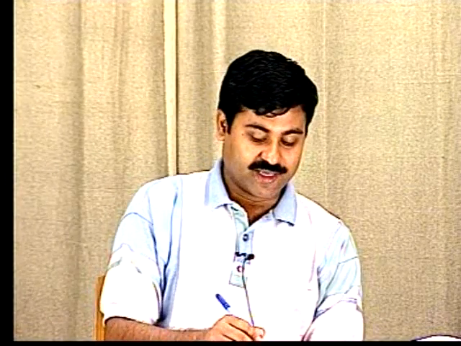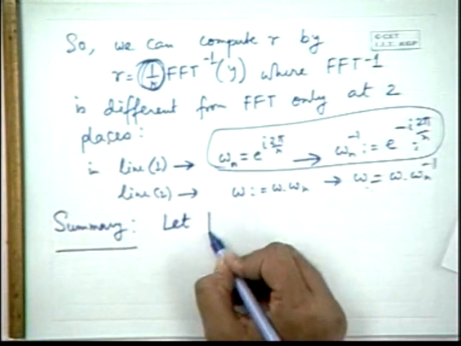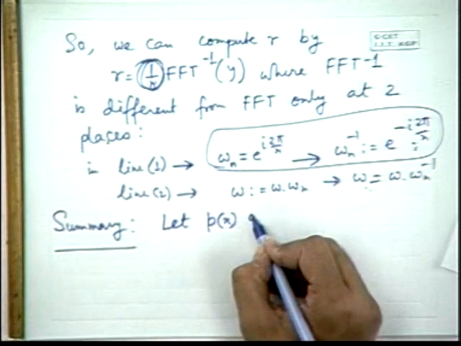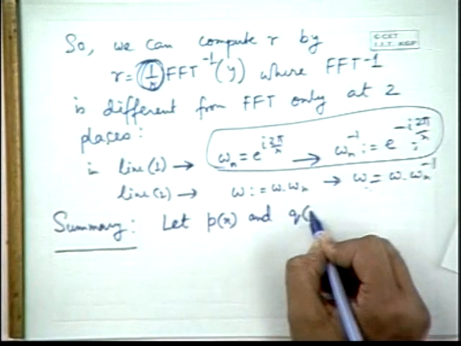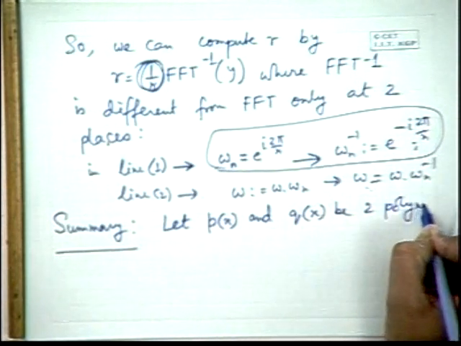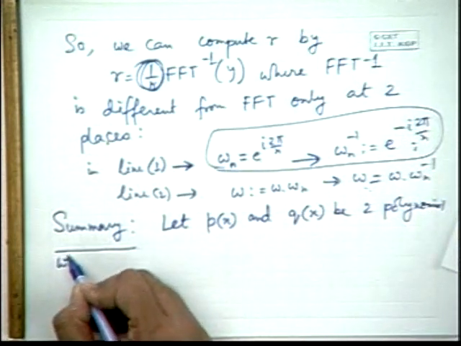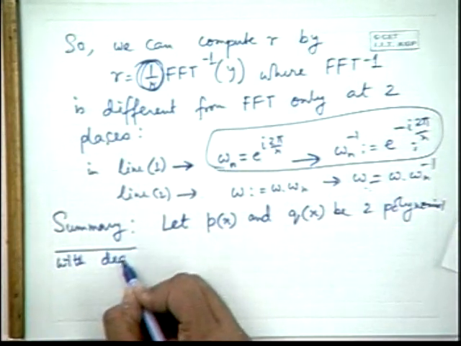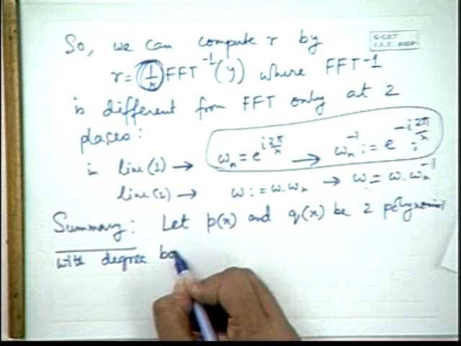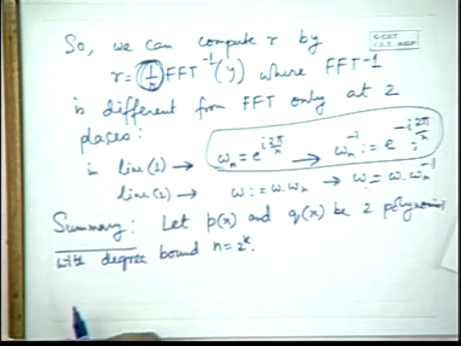So let me summarize. So this is the summary. Let Px and Qx be two polynomials with degree bound n equal to 2 to the power k.